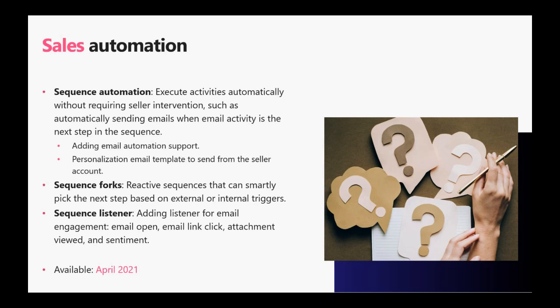The next point is sequence forks, which indicates that as part of this process, basically you will have the ability to define different outcomes based on the previous step, which means that the system will try to intelligently figure out if the next step is to send a follow-up email, or to create a task for a salesperson, or create a call for a salesperson, or maybe wait a couple of days or something like that.